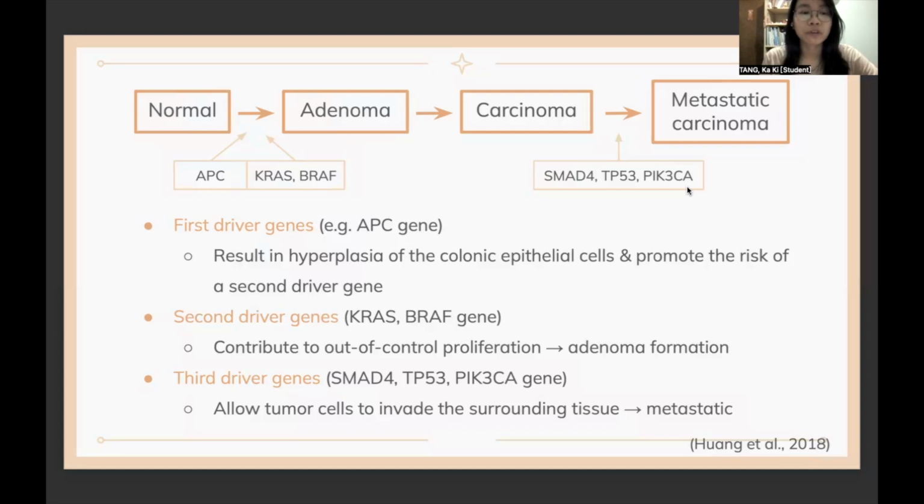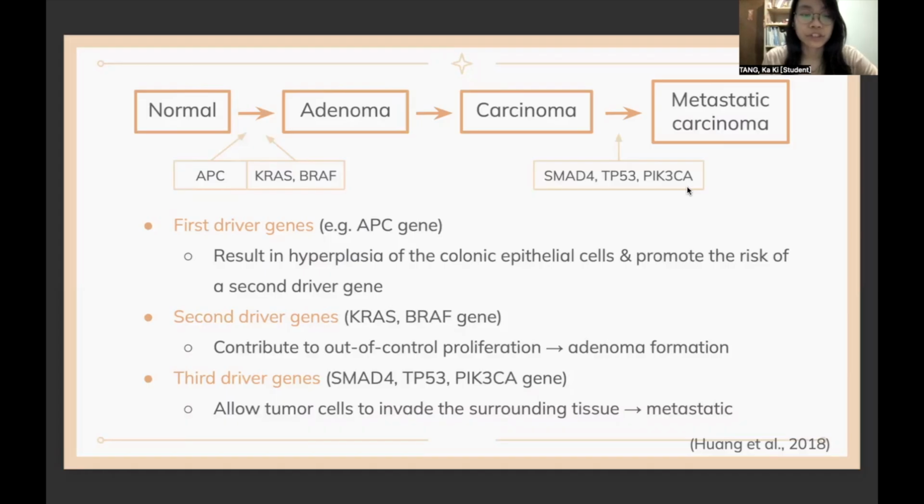For the first driver genes, such as the APC gene, mutation in these genes can result in hyperplasia of the colonic epithelial cells and promote the risk of a second driver gene. Second driver genes, such as KRAS and BRAF, when mutated, can contribute to out-of-control proliferation and the formation of adenoma.